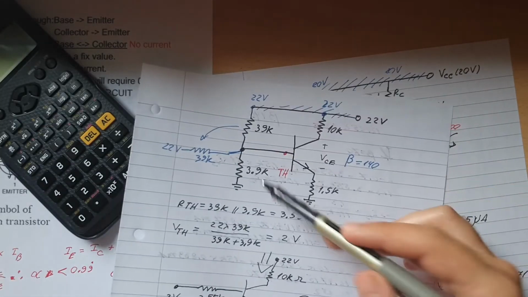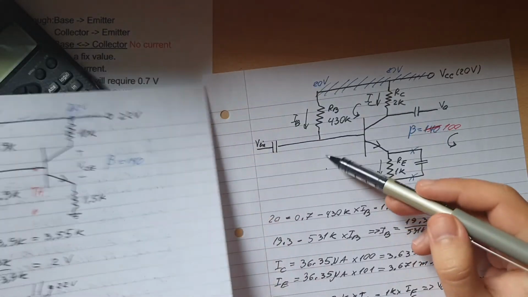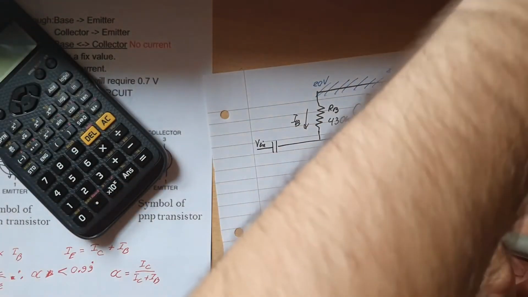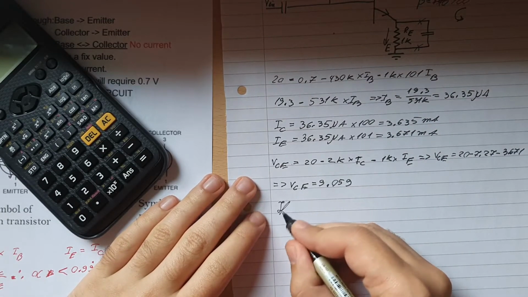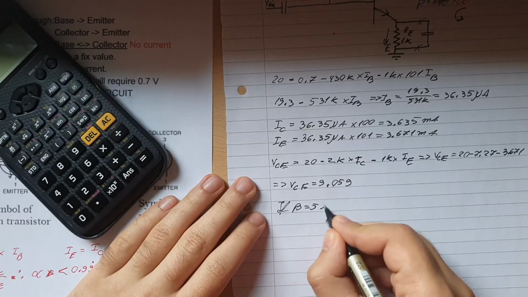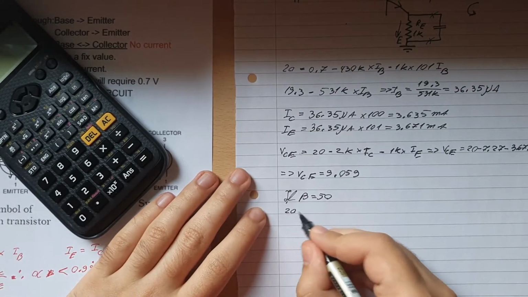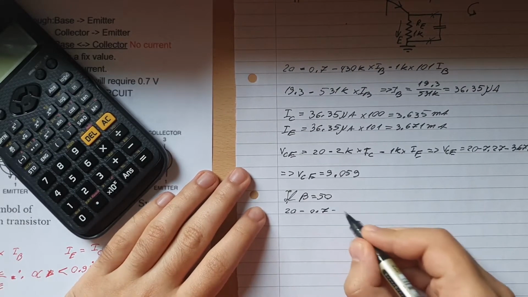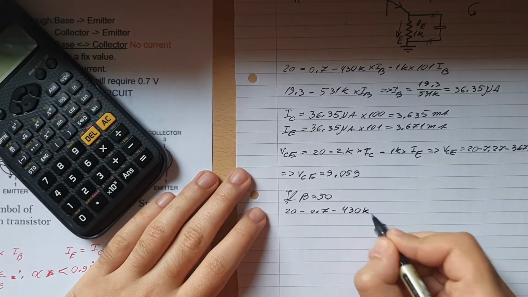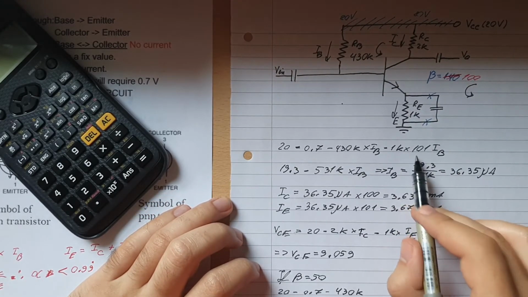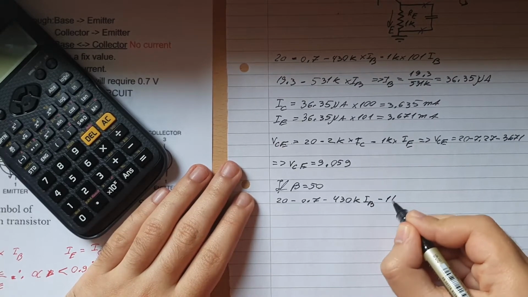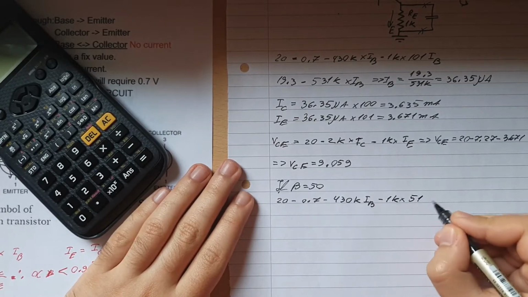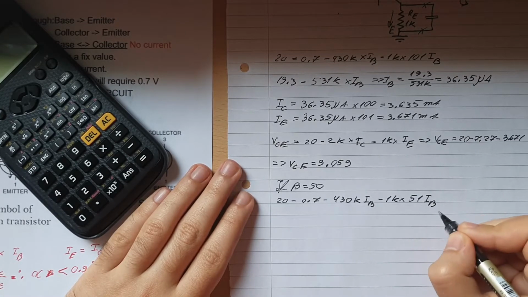Now what you may notice is that this example is not like the previous one, where we had another resistor going down through here to balance it. So now if we make it in half, if we say that the gain will be equal with 50, then we redo the same calculation, that will be 20 minus 0.7 minus 40k IB minus 1k times 51 IB.